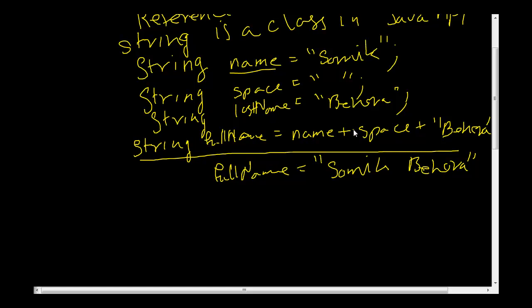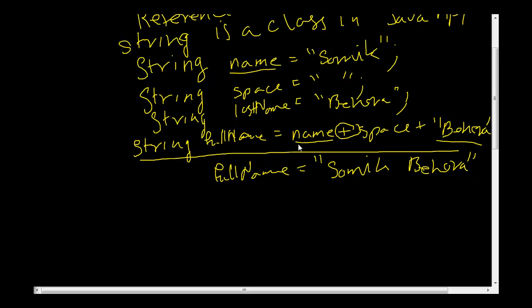So by using the plus operator, you can concatenate strings, and you can have a string, a literal value, or if you have something else, say any other object you're trying to concatenate with it, then it will be converted to a string.